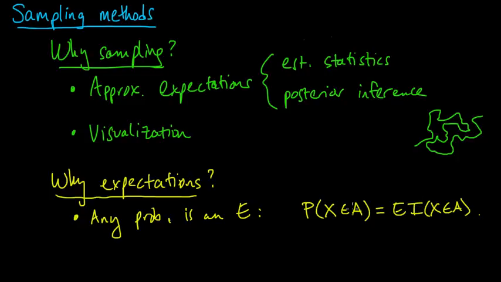So you can always take a probability and write it as the expected value of an indicator function. And therefore, anytime that you want to estimate or approximate a probability, you can formulate it this way as approximating an expectation.